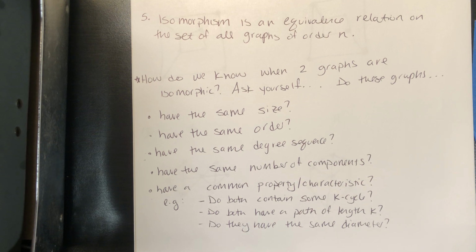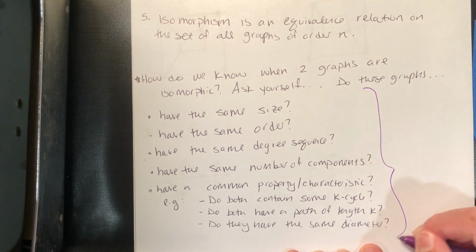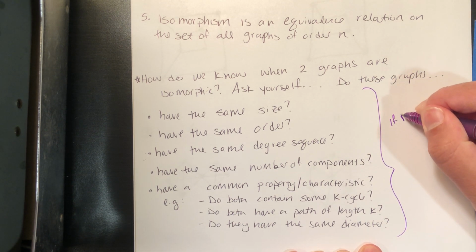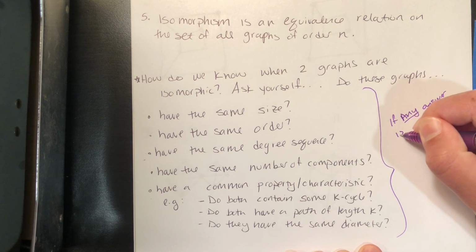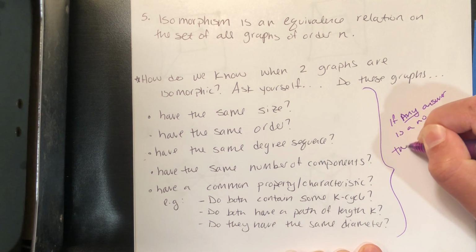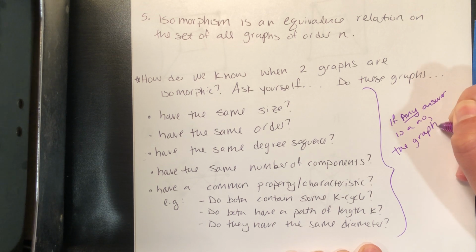And do the graphs have some common property or characteristic? Like, can you show that both of the graphs contain a particular k-cycle or a particular path of length k, or do they have the same diameter? And if any answer is a no, the graphs are not isomorphic.